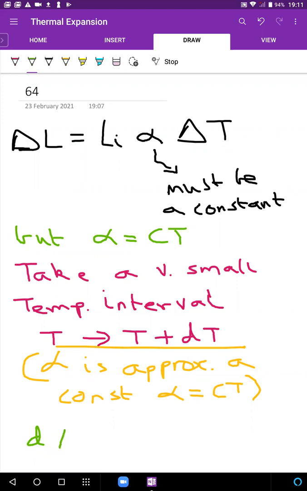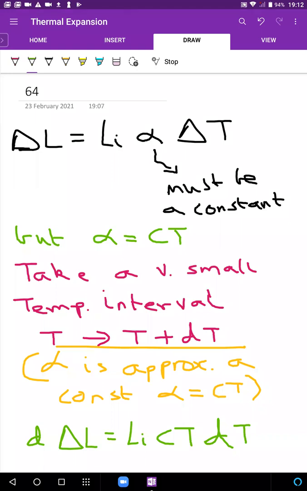There is going to be a small extension, and the small extension is going to be L initial times, in place of alpha comes CT, and in place of delta T comes dT. That's it. Alpha is replaced by CT and delta T by dT.